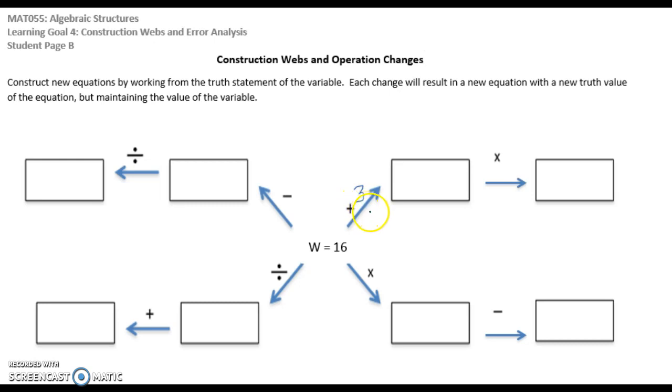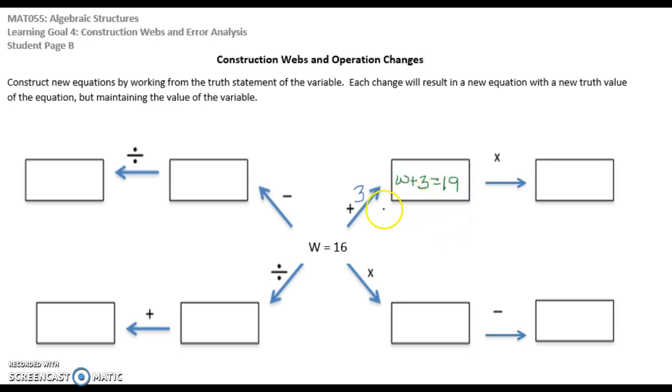So if we think about the recipes, and if we added 3 teaspoons, we would take w plus 3, indicating that we're adding 3 teaspoons if we were talking about the recipes. And in the end, we would have 3 more than what we started with, and so we would have a total of 19 teaspoons.